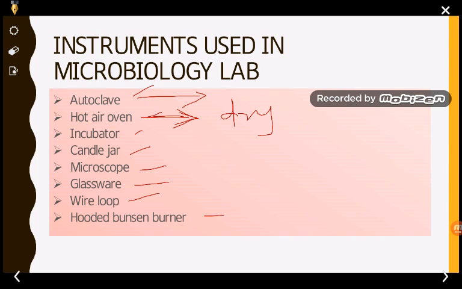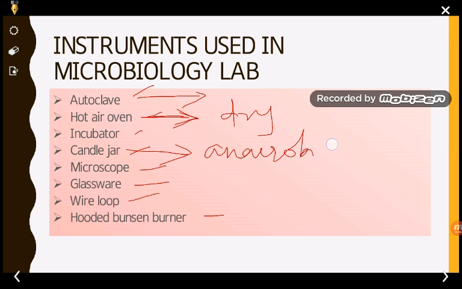Next, coming to the candle jar: if we want to culture certain bacteria which are anaerobic, which do not require oxygen, then we need a candle jar. So this candle jar is required for the culturing of anaerobic bacteria.